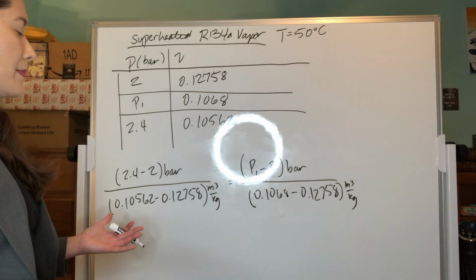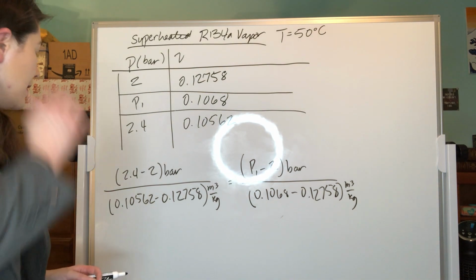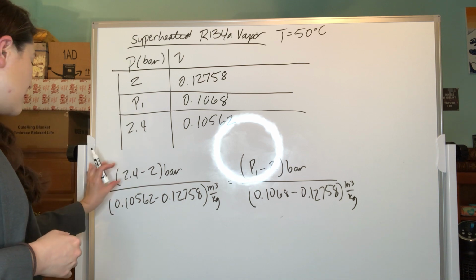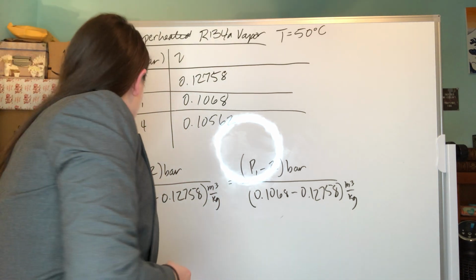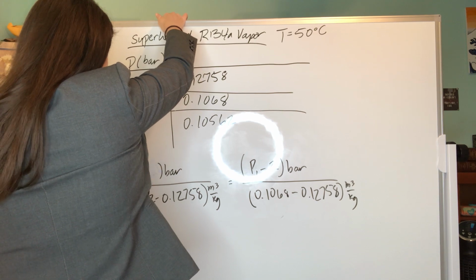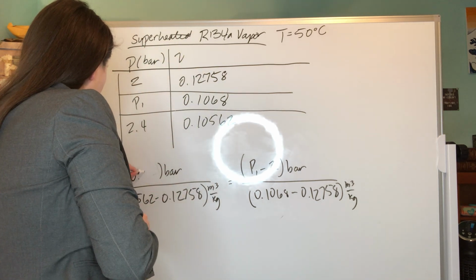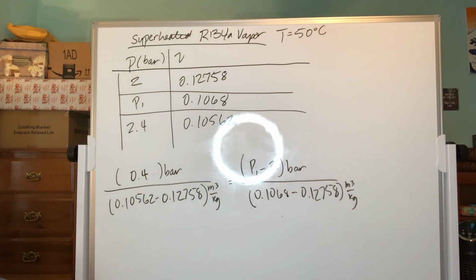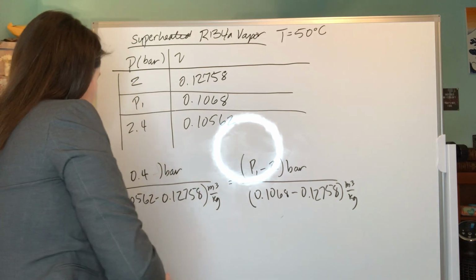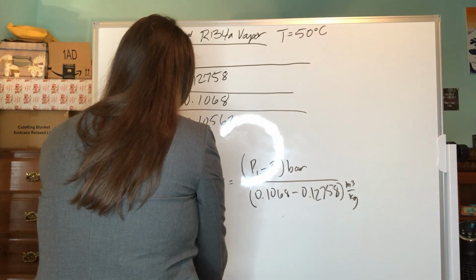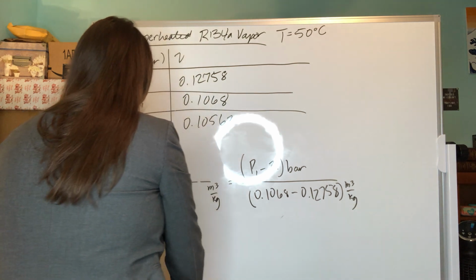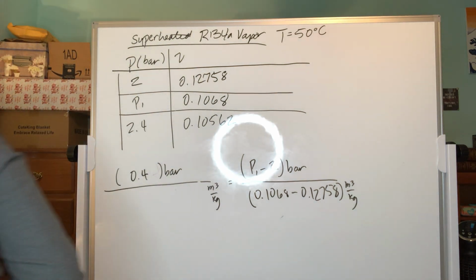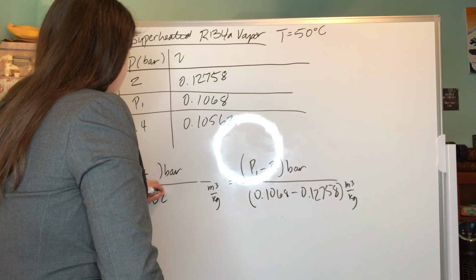Okay, so now the rest is just algebra. This 2.4 minus 2 is going to be 0.4. And then this part down here is negative 0.022.